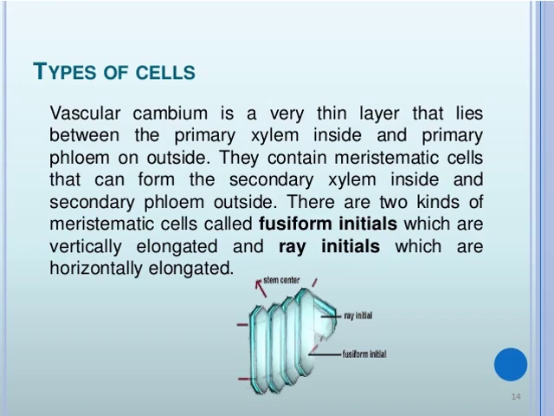There are two types of meristematic cells that combine to form vascular cambium. One we call fusiform initials, and the other we call ray initials. The fusiform initials are vertically elongated meristematic cells, while the ray initials are horizontally elongated meristematic cells.